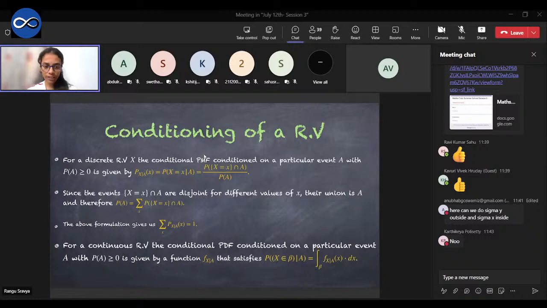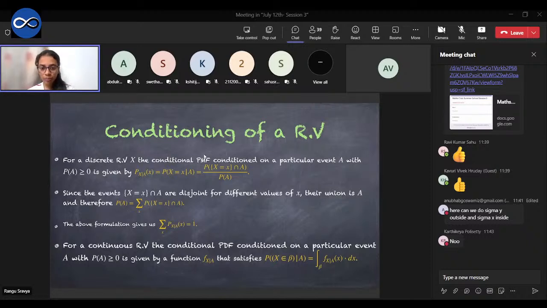So if we have a continuous random variable, and we are given the conditional PDF, and we need to calculate the probability that x belongs to B given A. Normally, if you want to find the probability that x belongs to B, then we do the integration of the given PDF over the interval B. So here the only difference is we are finding x belongs to B given A occurs, so we need to integrate over the interval B the conditional PDF.